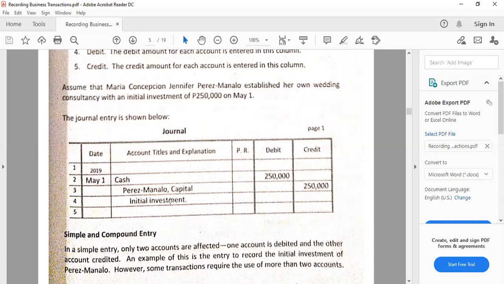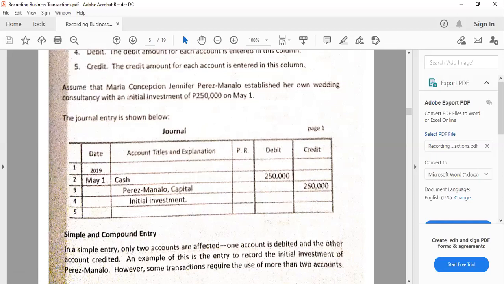The explanation normally is just the gist, or a summary of what the transaction is all about. This transaction is about the initial investment of the owner or proprietor. Whatever it is, for as long as you are able to capture the said transaction. So, for example, this is initial investment of the owner, or let's say to record initial investment of the owner.